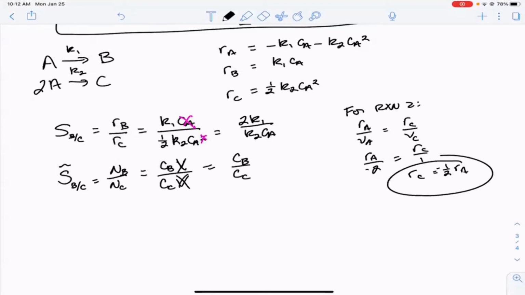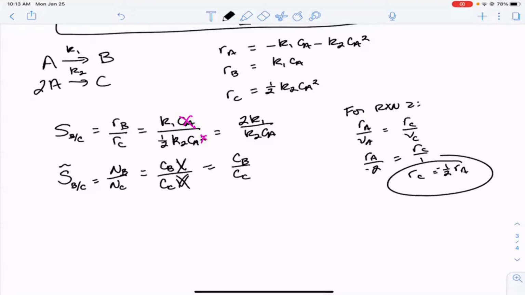And in the last example, we then found an expression for the concentration of B and C as a function of time in order to determine the overall selectivity. And it is interesting to me that the overall selectivity only depends here on the products, but for the instantaneous selectivity, it only depends on the concentration of the reactant.